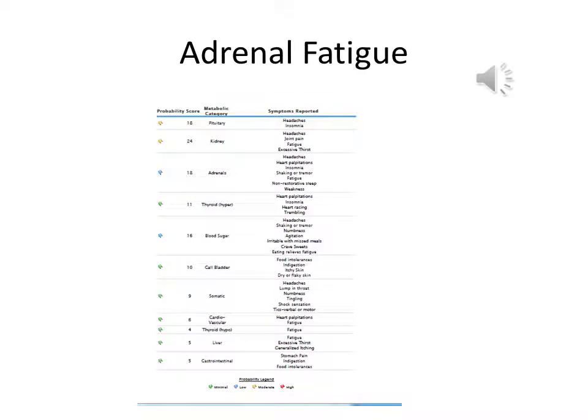In this more advanced stage of anxiety, we're starting to see elevated pituitary, adrenal, and kidney issues. Hyperthyroid is pretty strong. Blood sugar levels are very unstable. That's common with people with this kind of anxiety. So you can see that all of these metabolic areas are starting to degrade as a consequence of the chronic adrenal output and the chronic cortisol activity in the body, not to mention the hypothalamic pituitary axis activity.